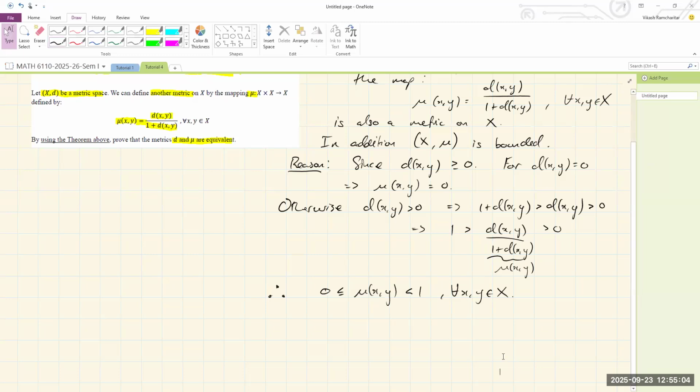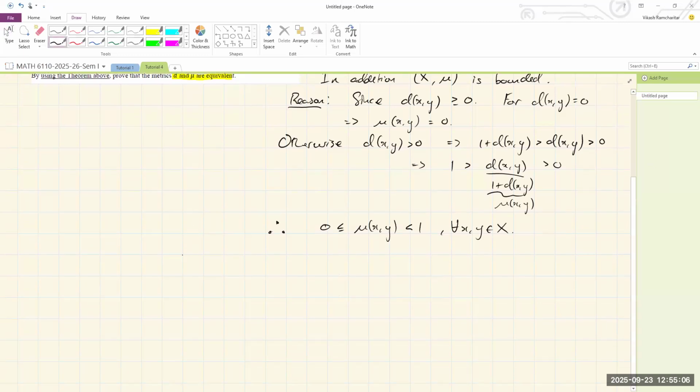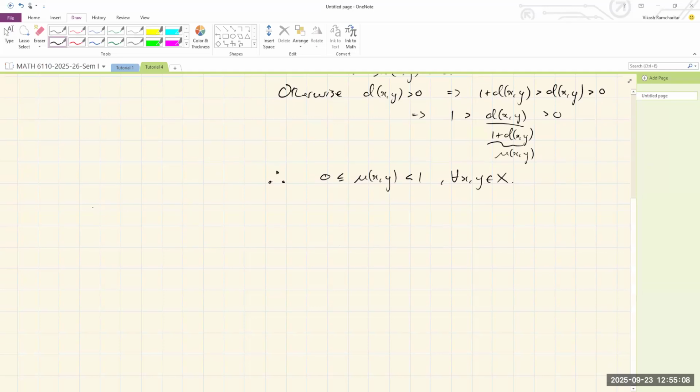So what we want to do now is show that not only does this metric mu convert a metric space into a bounded metric space, but the topology that it puts on this metric space is exactly the same as the original topology.